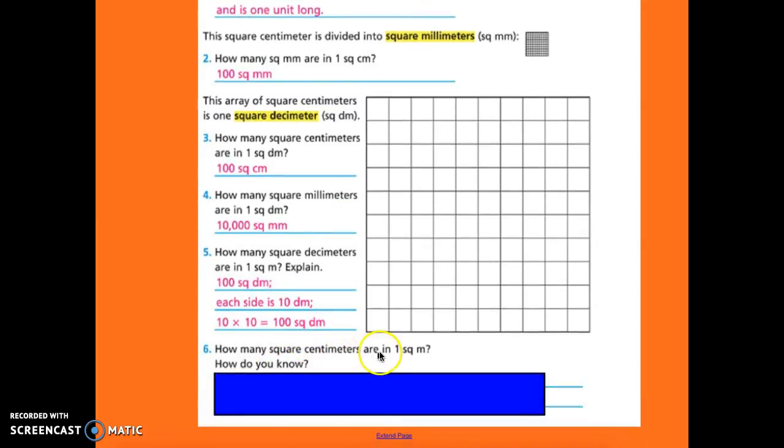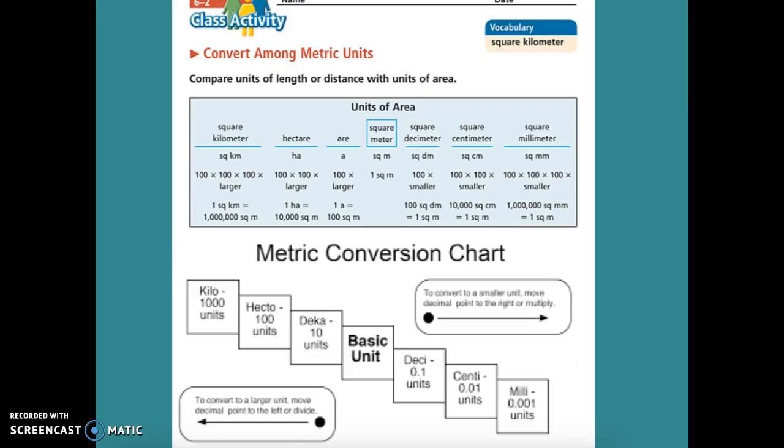How many square centimeters are in 1 square meter? How do you know? So let's go back to that chart again. And we want to know in 1 square meter, how many centimeters are there? So we're going 2 steps. Okay, 2 over, and we see this right here, and we see that it's 100 times 100, which ends up being 10,000 square centimeters.